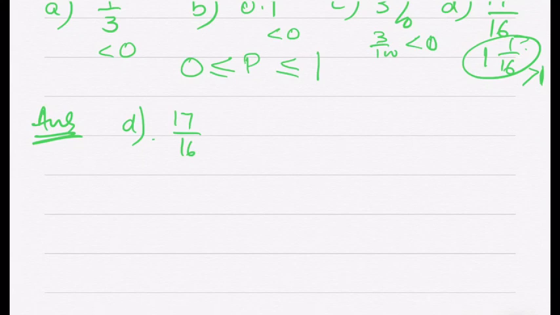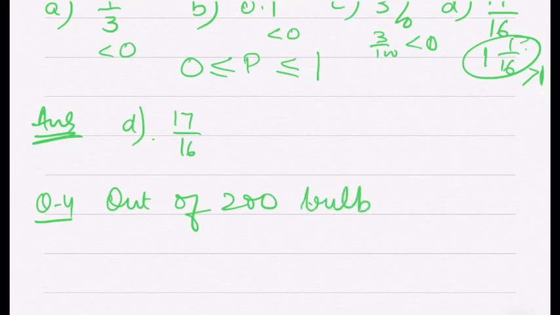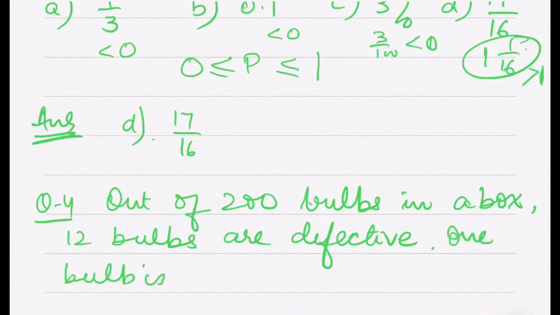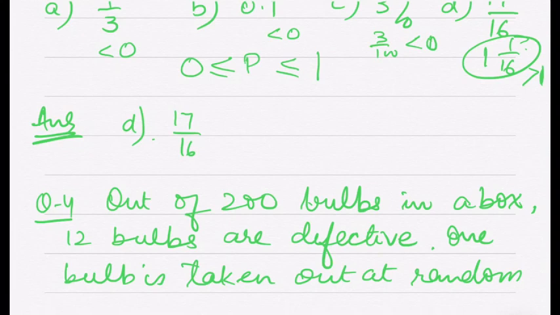Okay, now question number 4. Question number 4 says, out of 200 bulbs in a box, 12 bulbs are defective. One bulb is taken out at random from the box.